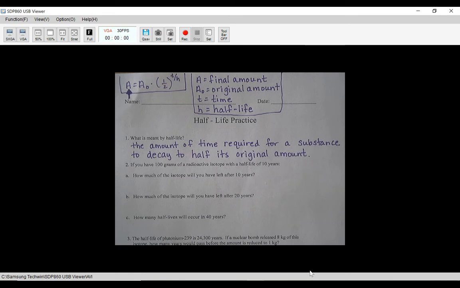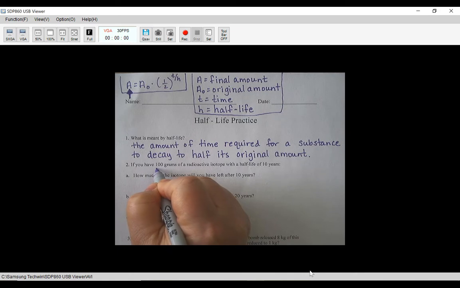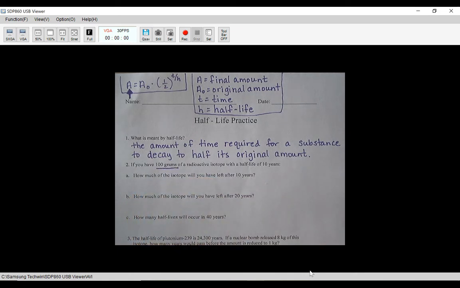Well, again, let's refer back to the definition of half-life. It's the amount of time it takes for the substance to decay to half its original amount. So we could just use logic here. I see that I'm starting with 100 grams of this particular substance.